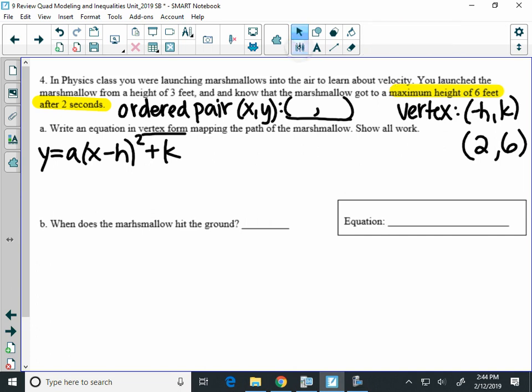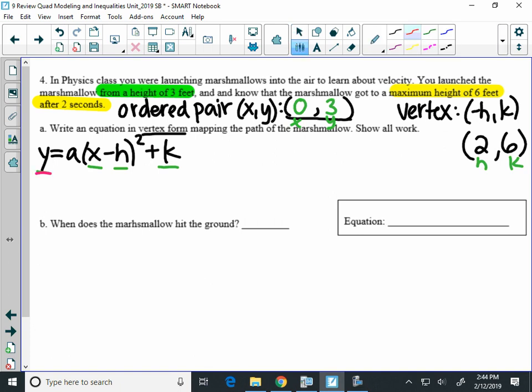The ordered pair comes from the other numbers that we know. We know that we're launched from a height of 3 feet. That means the marshmallow starts at a height of 3 feet, which is the ordered pair 0, 3. Now we have an x, a y, an h, and a k, which are going to go in for x, y, h, and k in our basic vertex form. So let's substitute in what we know.